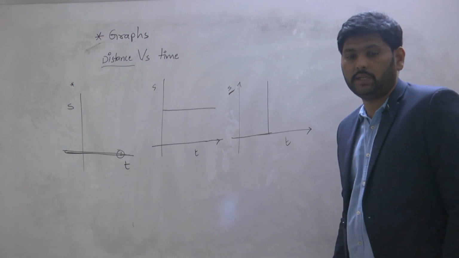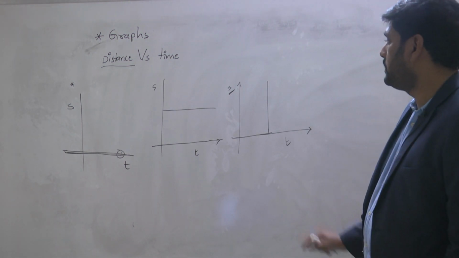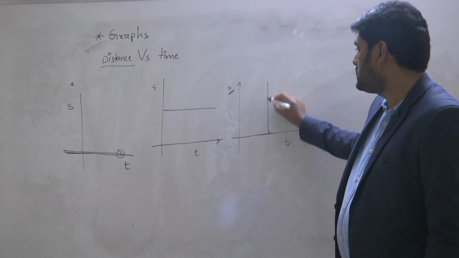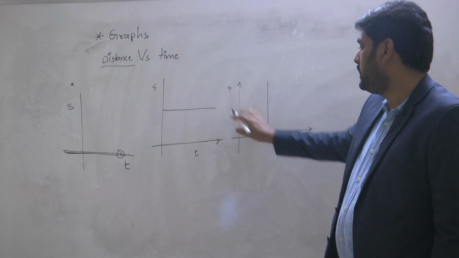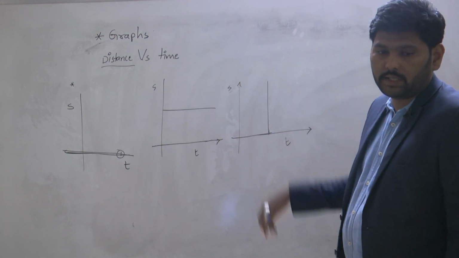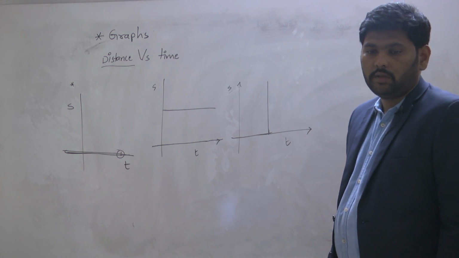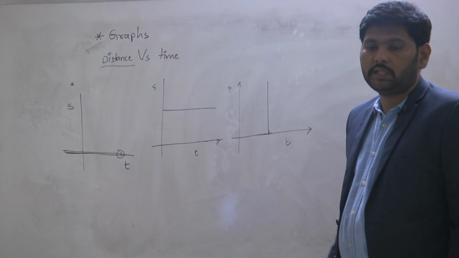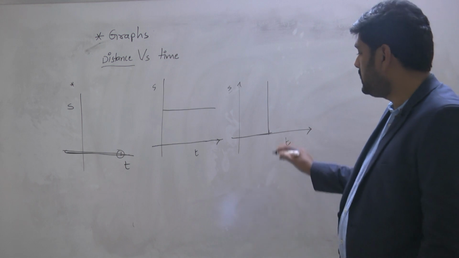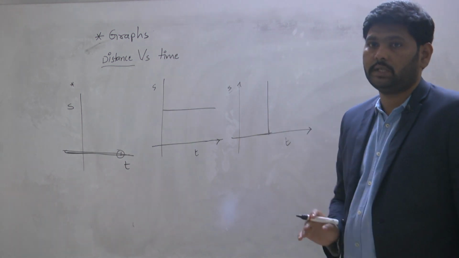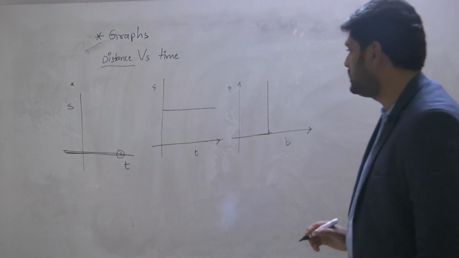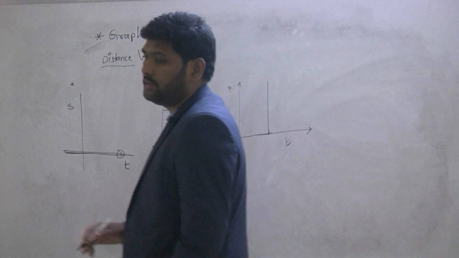It is not speed, it is distance. So what information does it give? At an instant of time the object would have infinite distance, which is not possible. So these are the 3 graphs we have discussed.